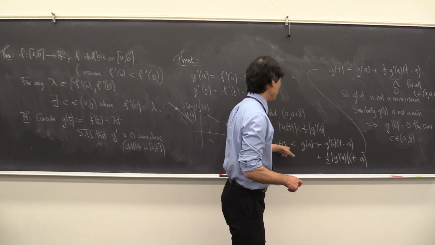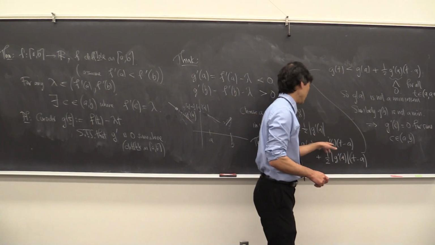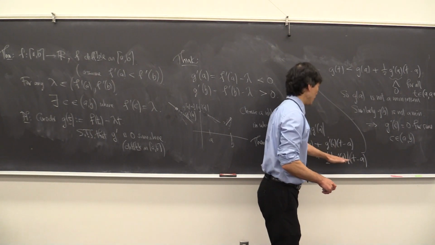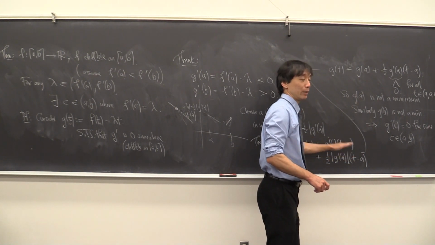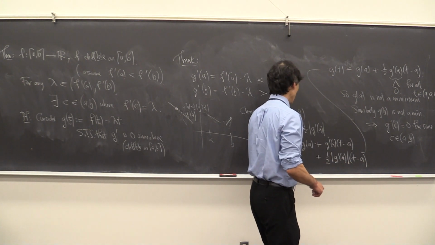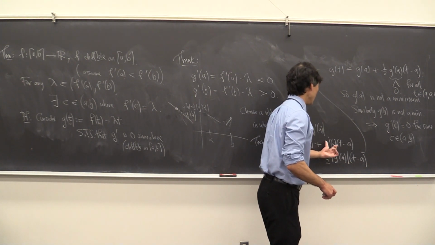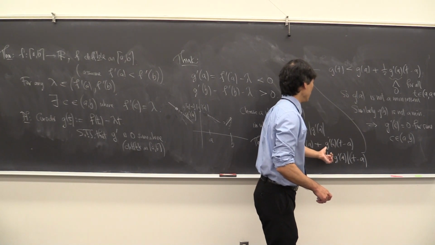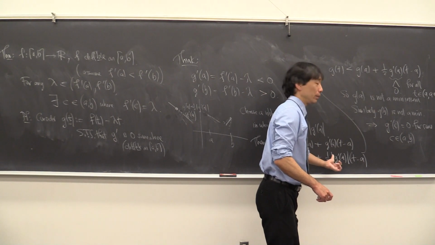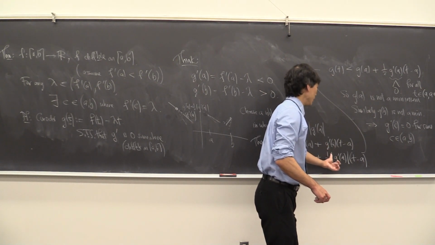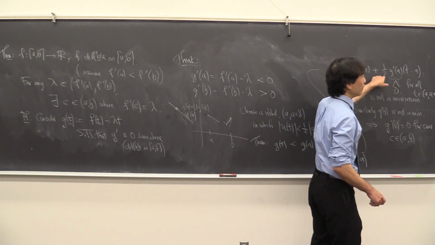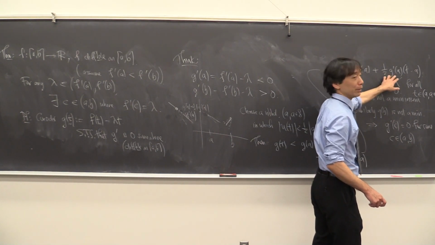You trap the function underneath the tangent line plus the maximum error, and this thing is negative. So when you add on half of the absolute value of it, you get half of the negative value.